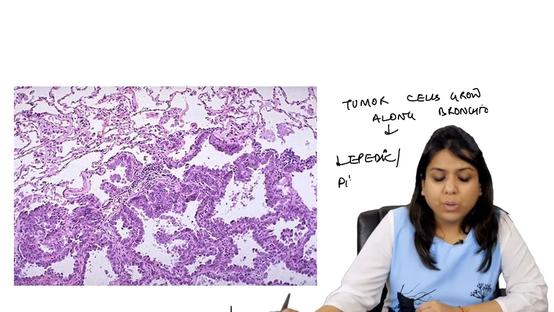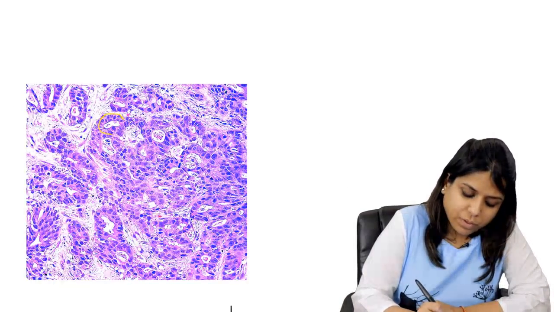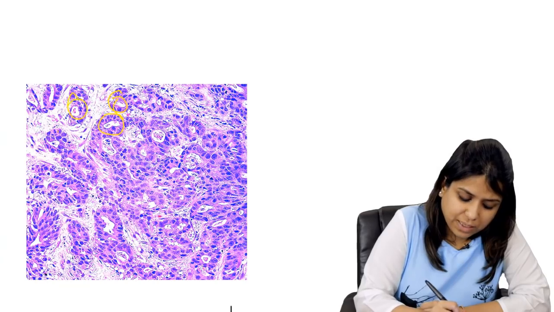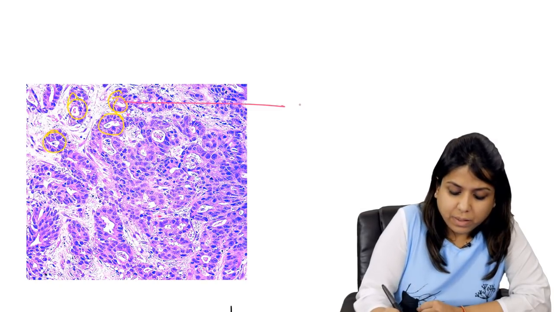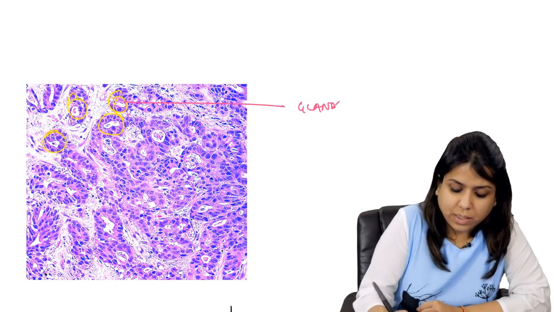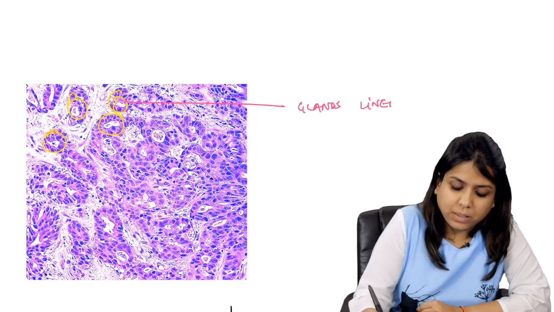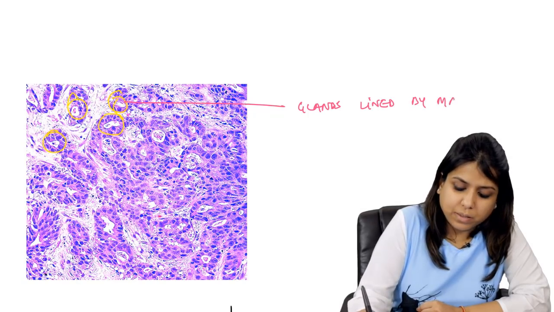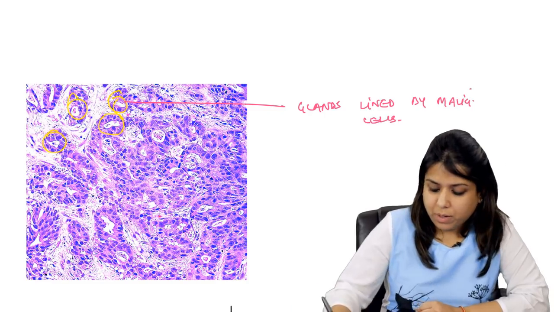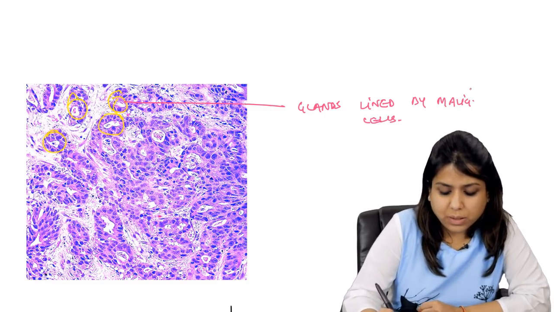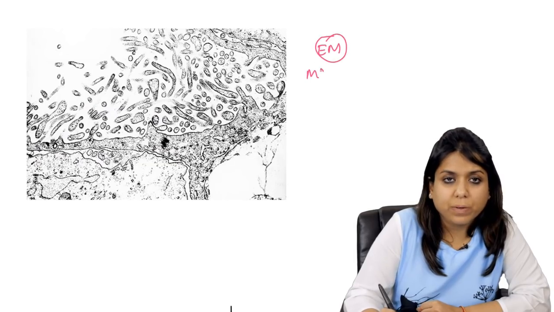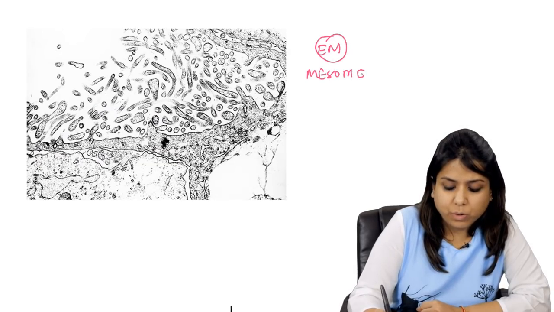Next, adenocarcinoma anywhere in the body will show such a picture. Adeno means glands. So there will be glands lined by malignant cells. Clear? And last image, students, this is the electron microscopy of mesothelioma.